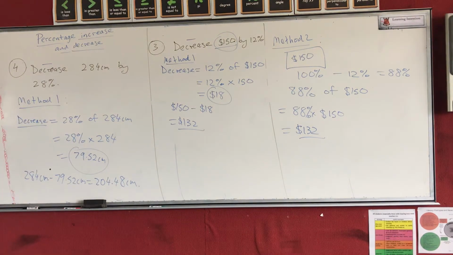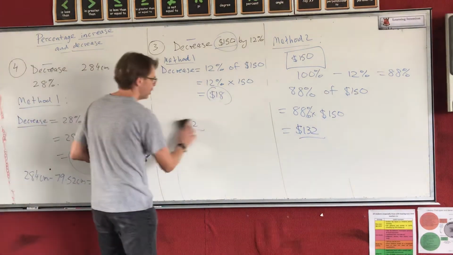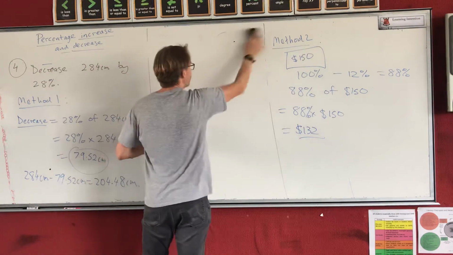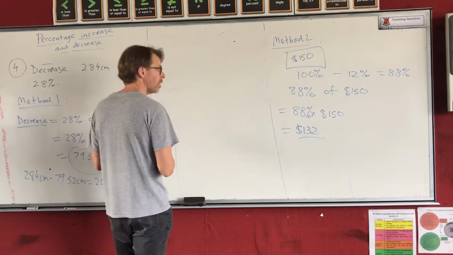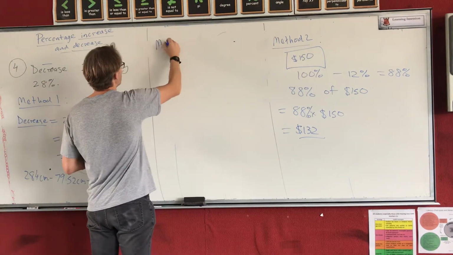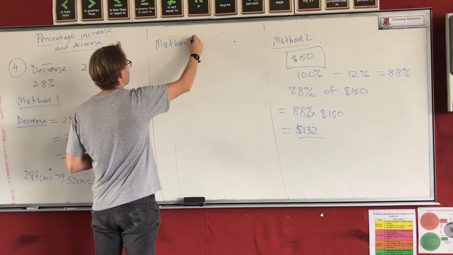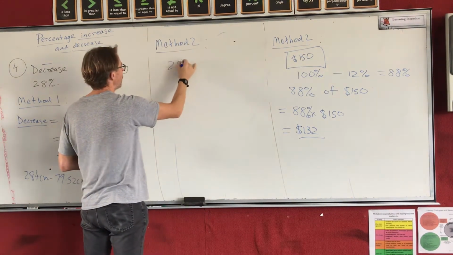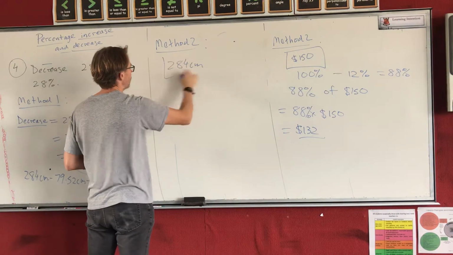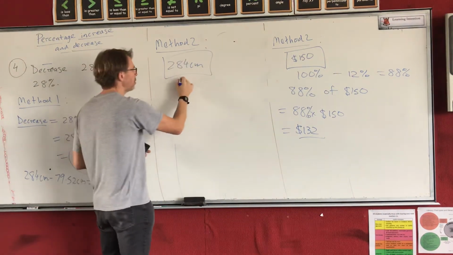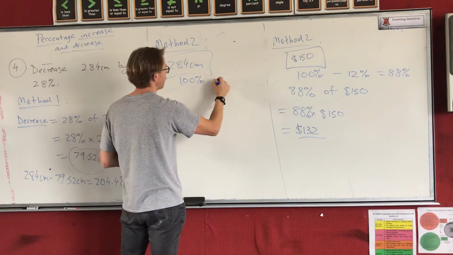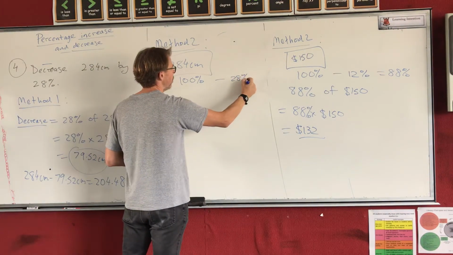Alright, how did you go? Now let's look at method 2 for this to see if you did it this way. Remember, it's your choice. What's your preferred method? So method 2, you've got 284 centimetres. That is your 100%. And you're taking 28% away.